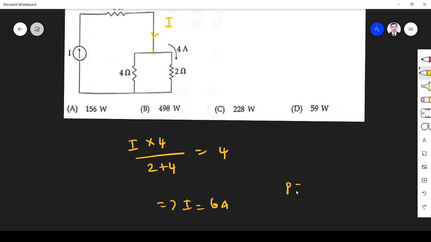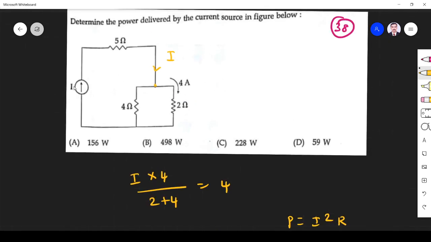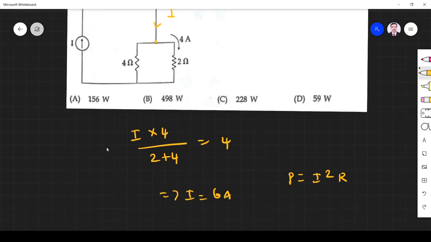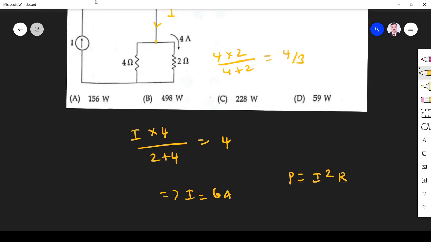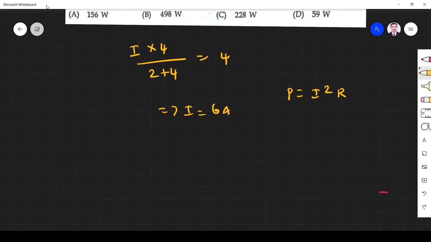What is P? P is equal to I squared into R. So here 5 ohm. I want to find the total resistance here. This is 4 and 2, so R equivalent here is 4 into 2 divided by 4 plus 2, 8 by 6, it is 4 by 3. Here it is 4 by 3, there it is 5 ohm.